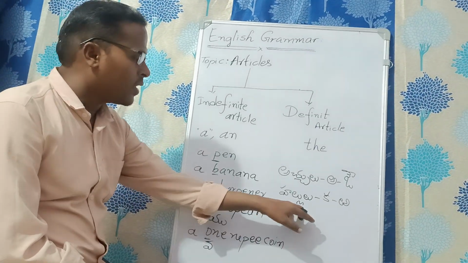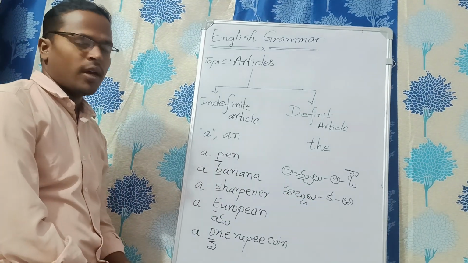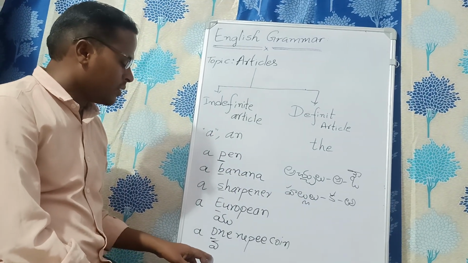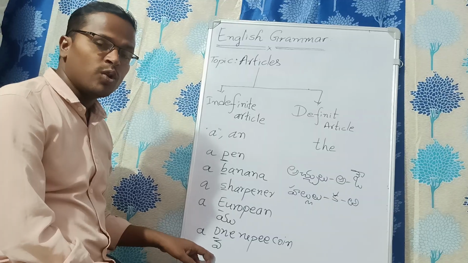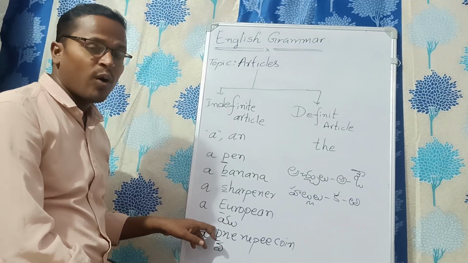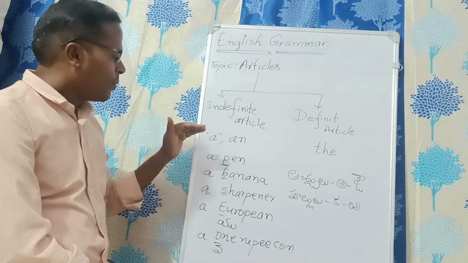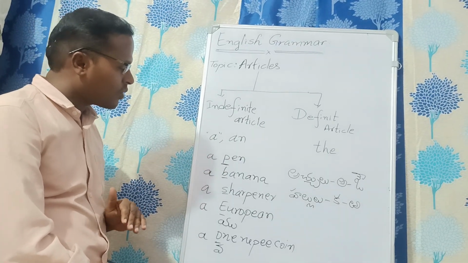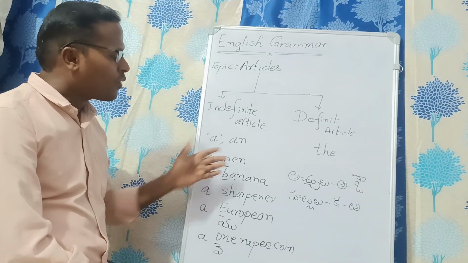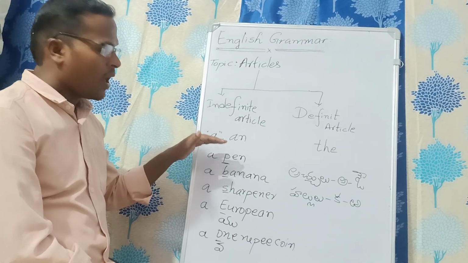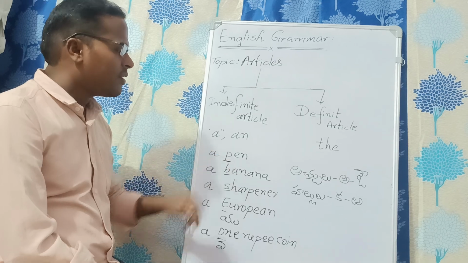It is between Katu, Rauti. So that's why it is a consonant sound, though it starts with a vowel letter. So "a" is used before singular common nouns beginning with consonant sounds. I think you all understood very well.